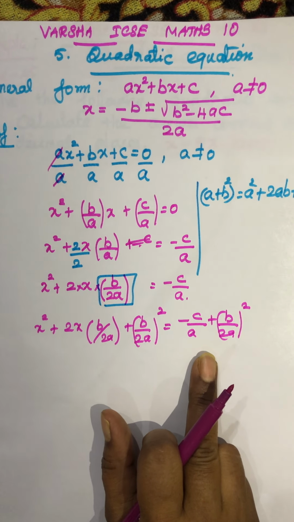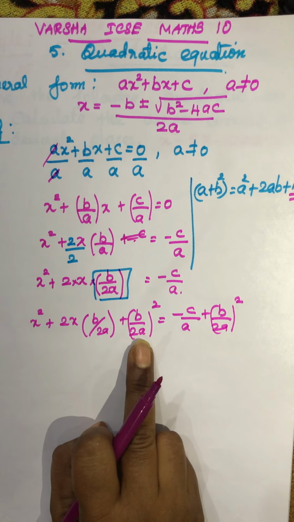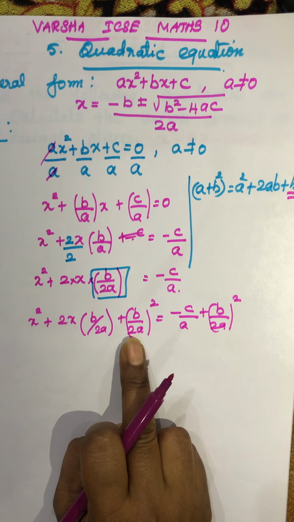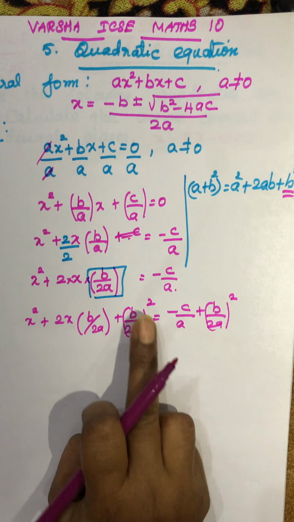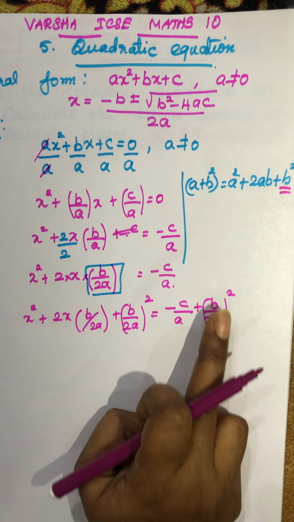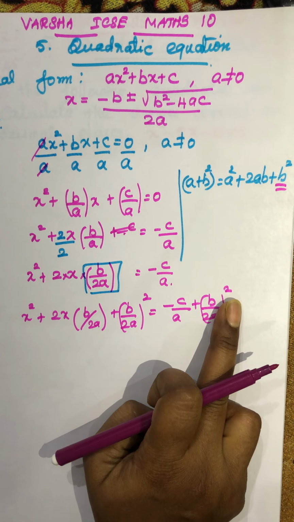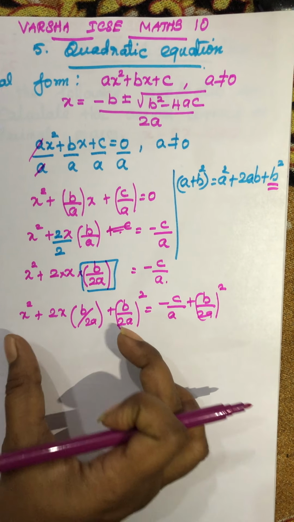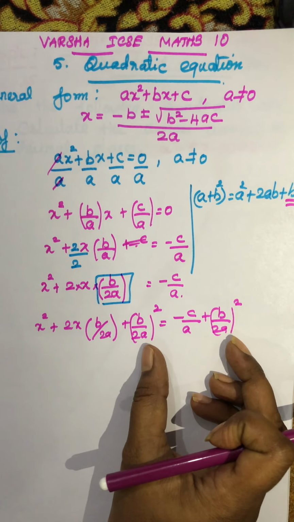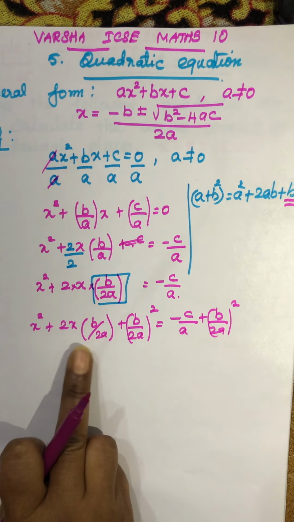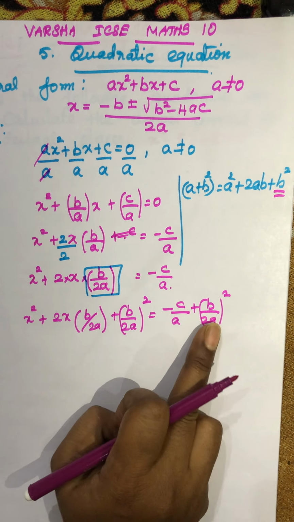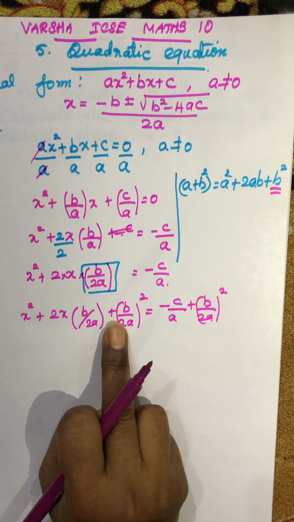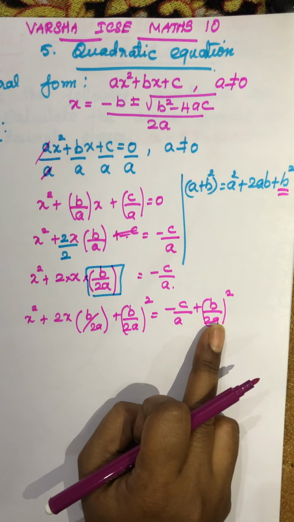So you have added on the two sides, meaning LHS and RHS, b by 2a the whole square. Whenever you are adding or multiplying or dividing on the LHS, you have to do it on the RHS also. That is why you have added it to the right hand side also.